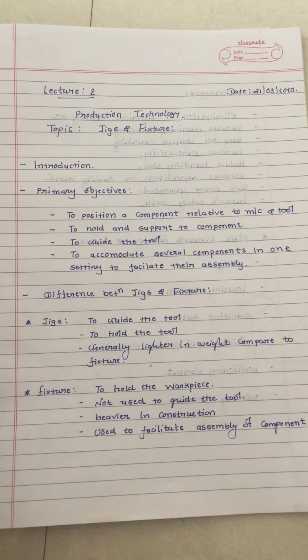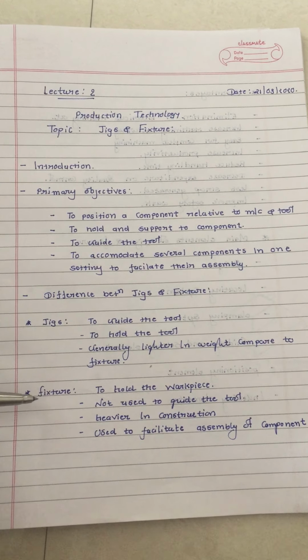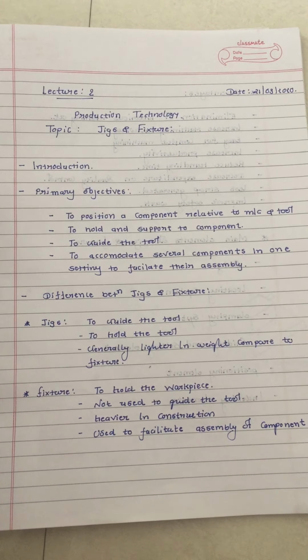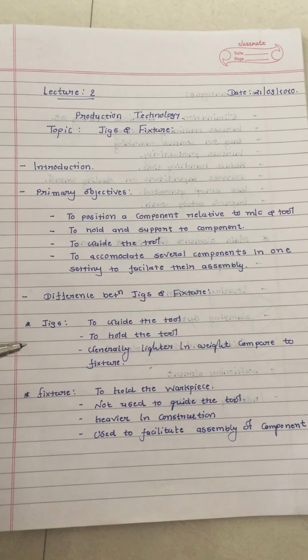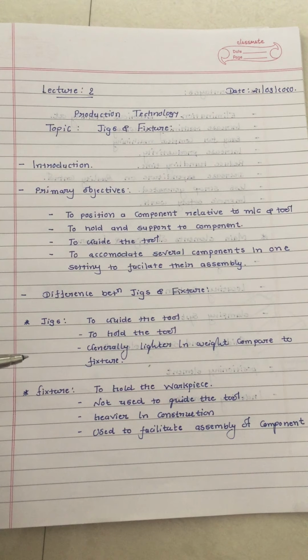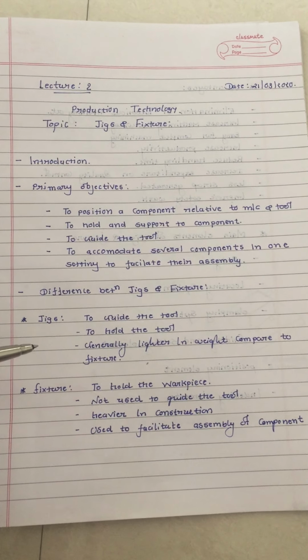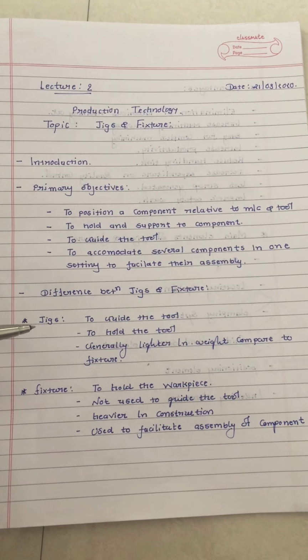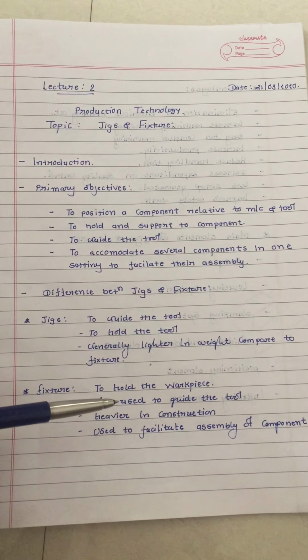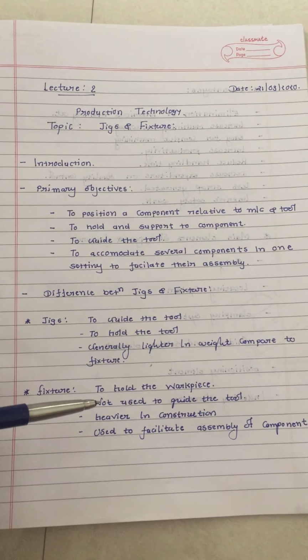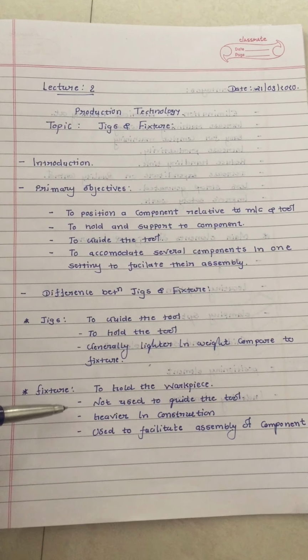Now next we are discussing the fixtures. The fixture has one kind of helping facility for the workpiece, which is to hold the workpiece during any kind of manufacturing operation, right? They are not used for guiding the tool. This is a limitation of the fixtures.